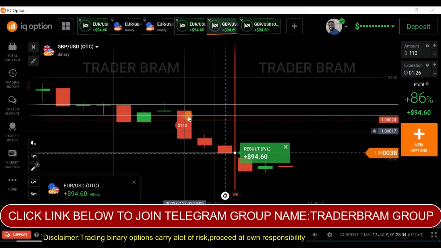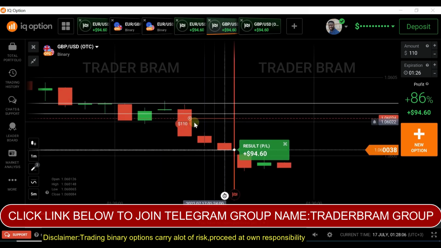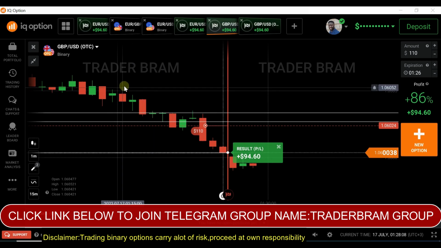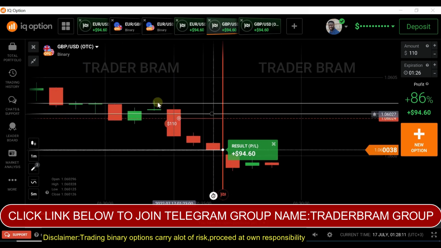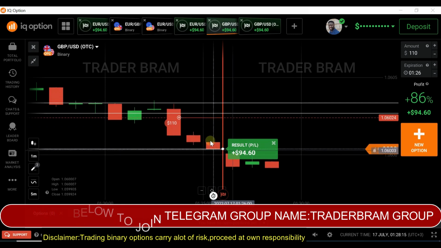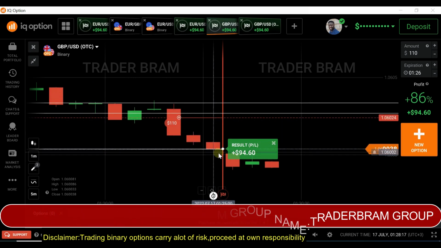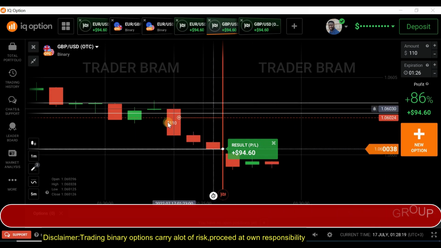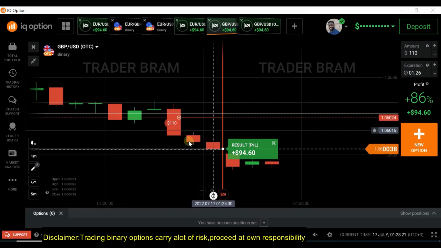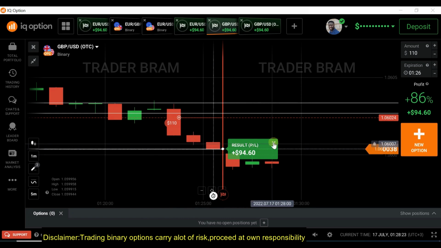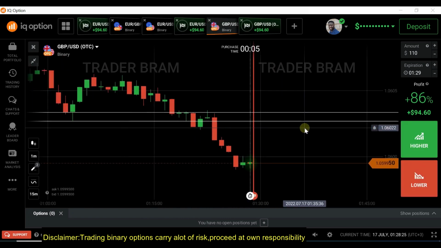But I did a 2 minutes expiry period because the market is not good either. You can see very weak candles. So just to be on the safe side, despite it being a downward trend, I expected the market to move more down, but we might have a few retracements. That's why I did a 2 minutes expiry period.